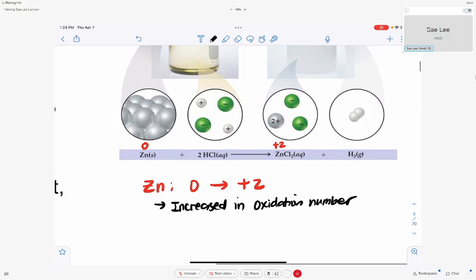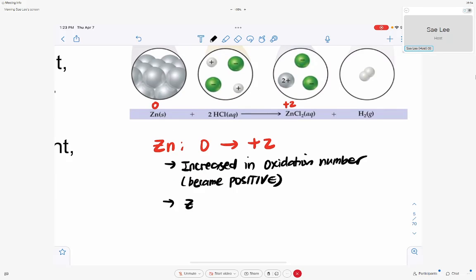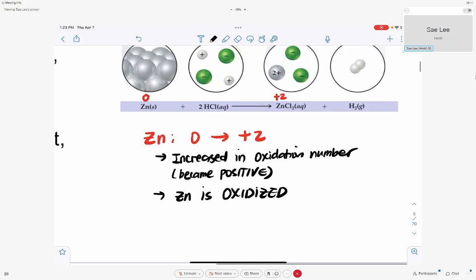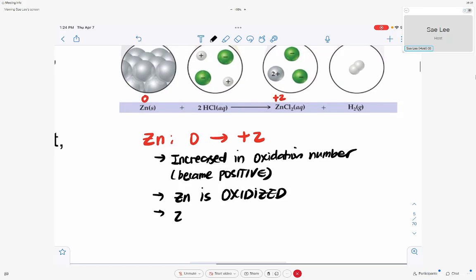Because oxidation number became positive, we say zinc is oxidized. Zinc has lost those negatively charged electrons. That's why it became more positive. Zinc lost electrons.